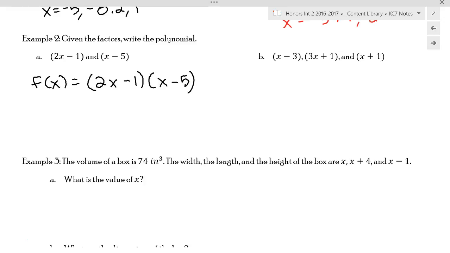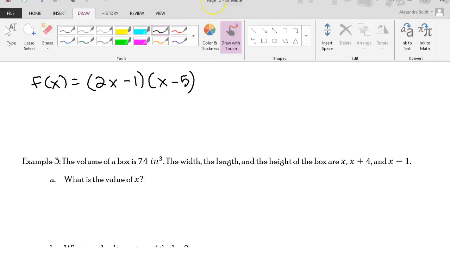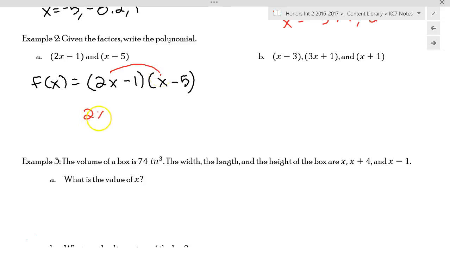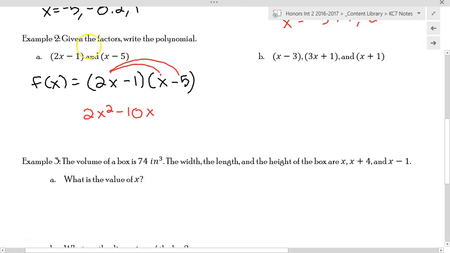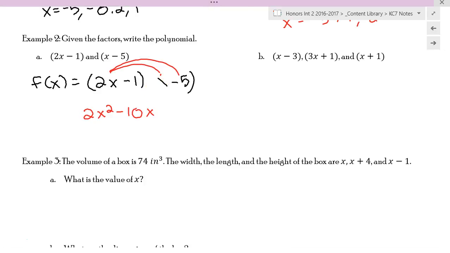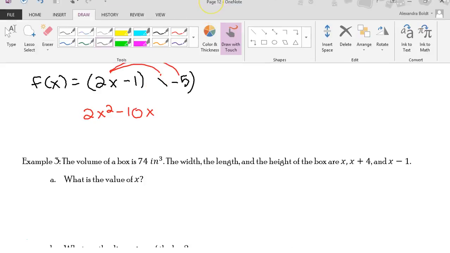So then, just like we were doing before, all I'm going to be doing is distributing twice. So I have 2x times x, which is 2x squared, and 2x times -5, which is -10x. So I distributed 2x, now I need to distribute -1.